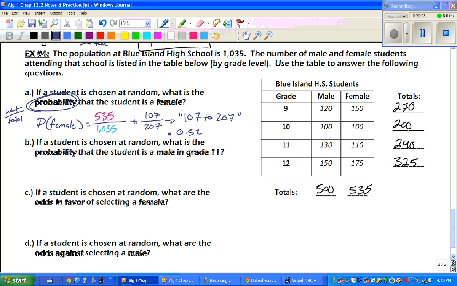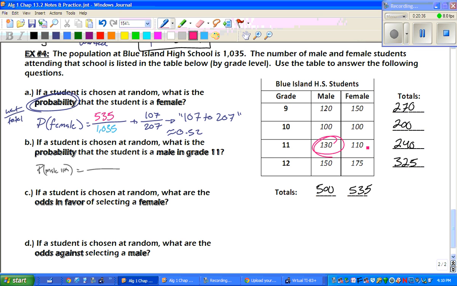Okay? Either one of those works. Okay? Next one. If a student is chosen at random, what is the probability that the student is a male in grade 11?